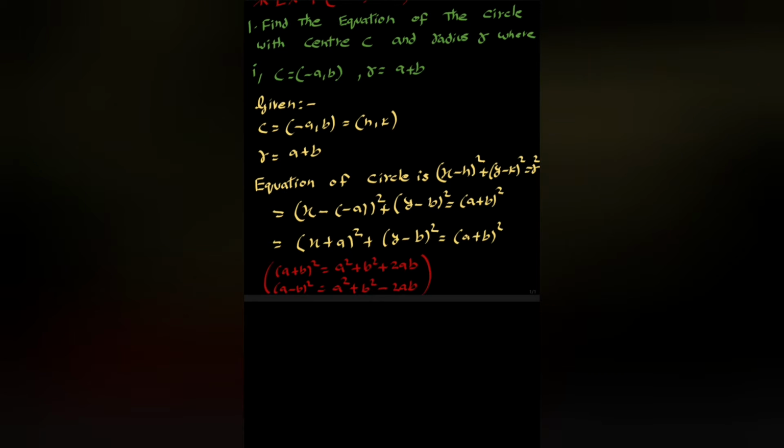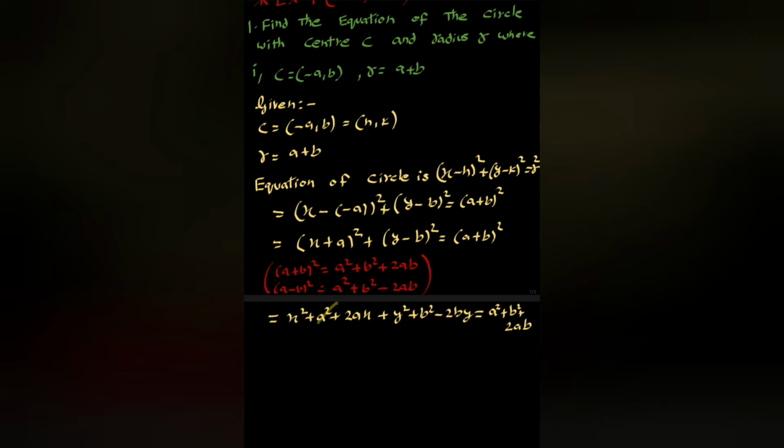In that we get x square plus a square plus 2ax plus y square plus b square minus 2by is equal to a square plus b square plus 2ab.